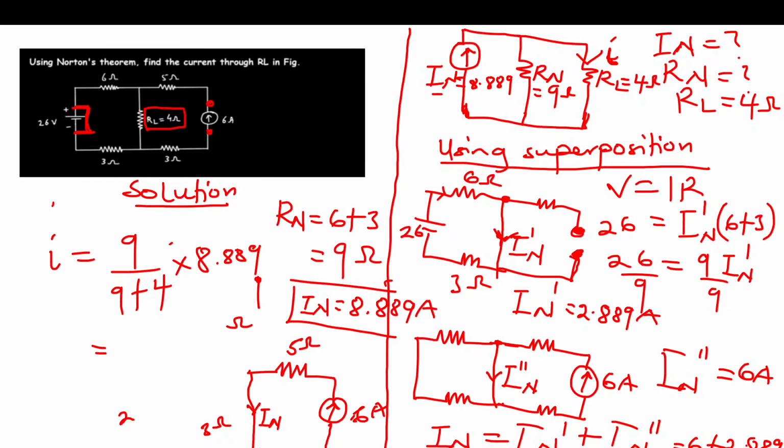Now what's going to be the current? 6.153 amperes. So this is the current that is passing through the load resistor here. Please, is it okay? Any question?